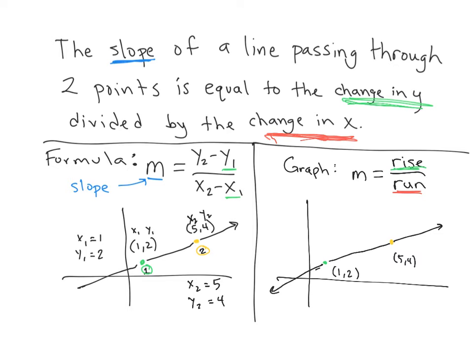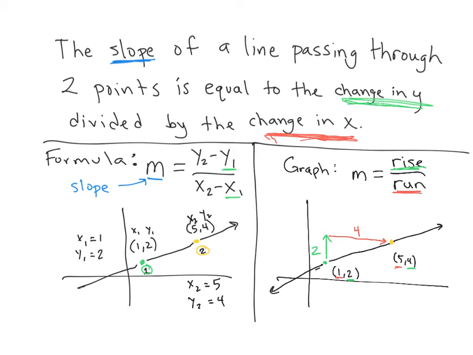The rise is going to be the vertical change. In my vertical change here, I can see I'm going from 2 up to 4, so my rise is going to be 2. Then for my run, I'm going from an x value of 1 to an x value of 5, so I'm going over by 4.